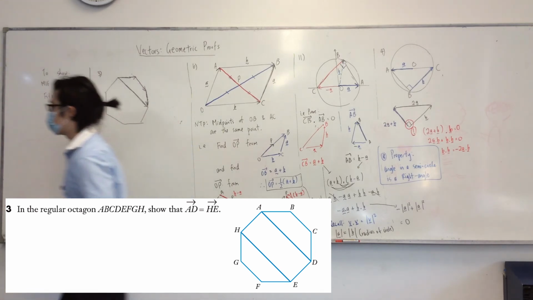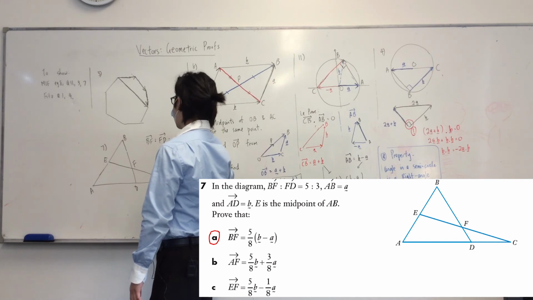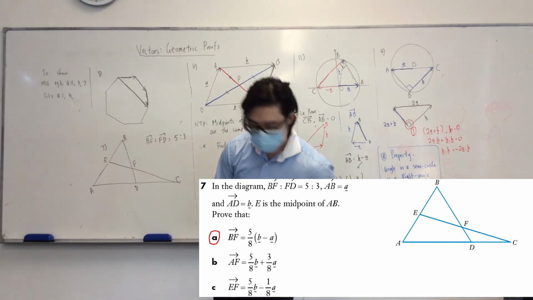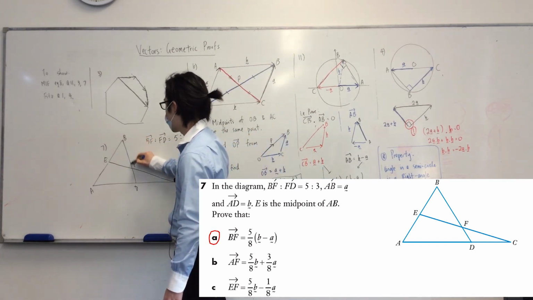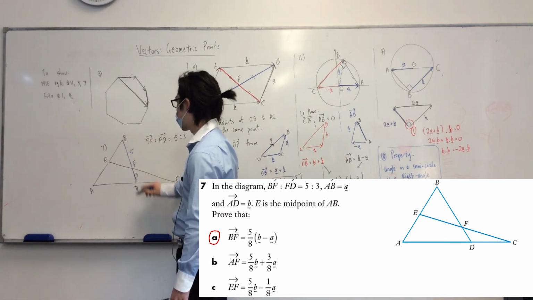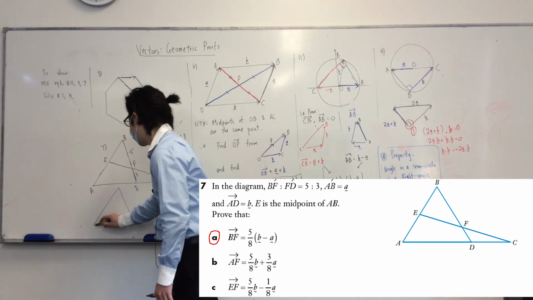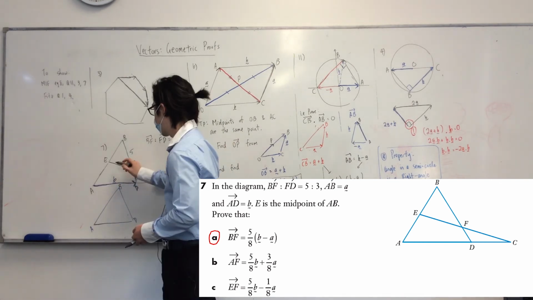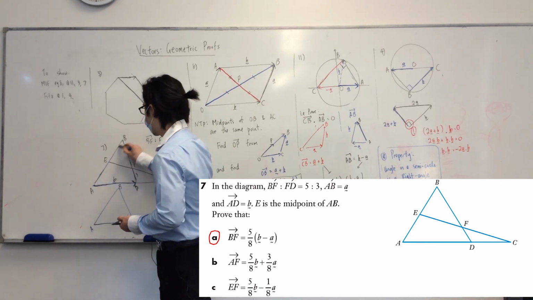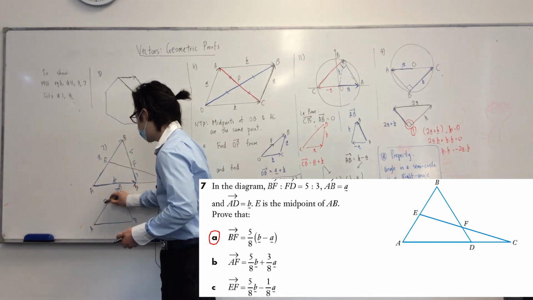Now, question 7 is also a good little thing. What that means is you could basically say this is 5 and this is 3. The reason this is useful is they've given you more facts. What else have they given you? And then AB is A. So in other words, I've drawn the whole diagram here.